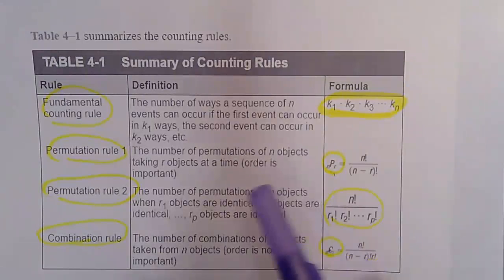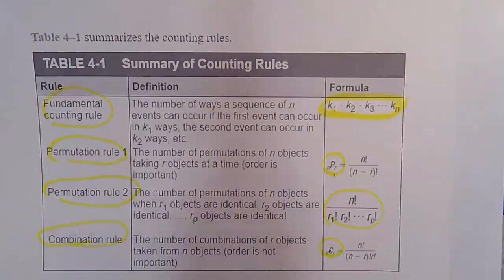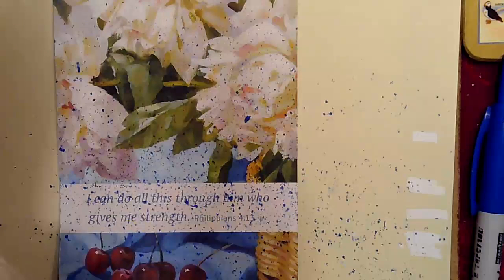So we're going to do examples of the permutation rule where order is important. So let's go to page 120.